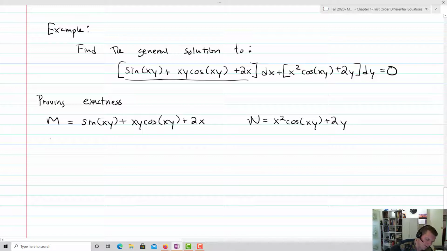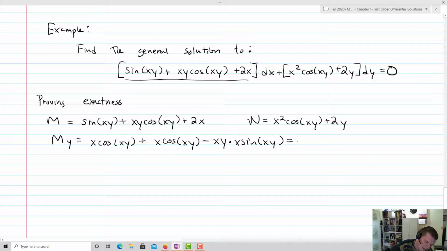Now what we want to do is find M_y. So M_y, this first one, sine of xy, is going to end up giving me x cosine xy, plus we'll get x cosine xy, plus xy times x sine, and actually this will end up being a negative, so minus xy times x sine xy.